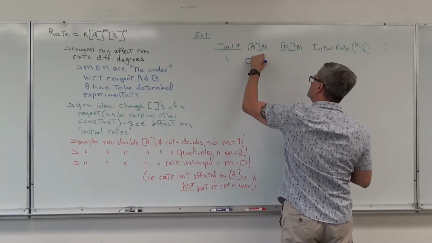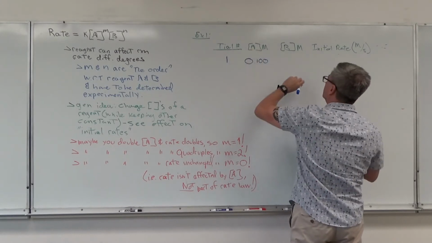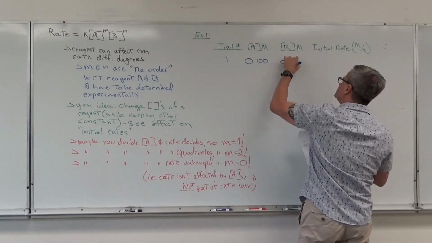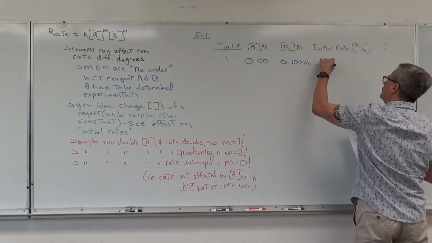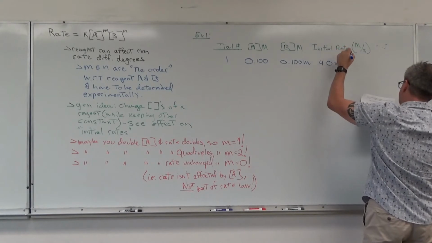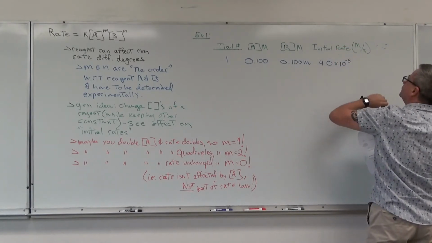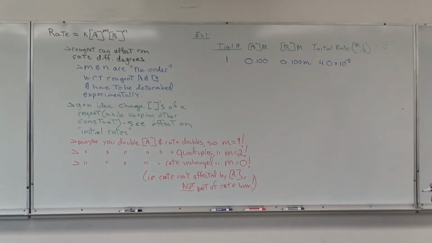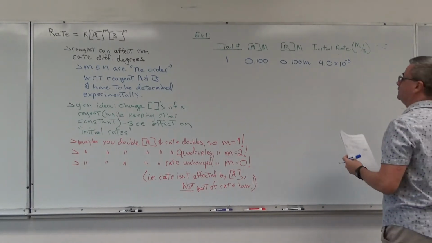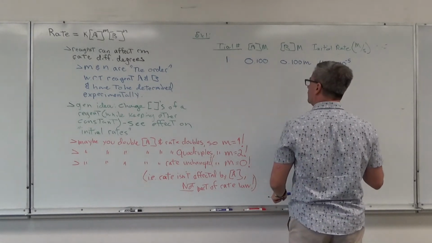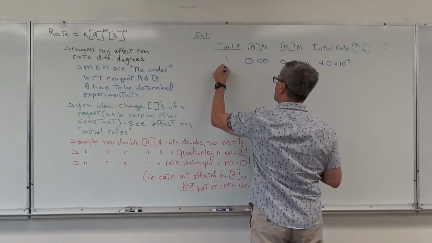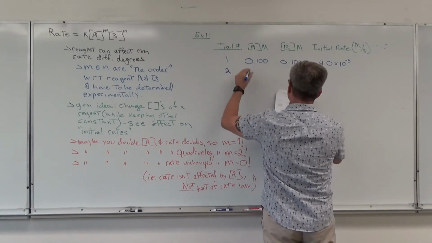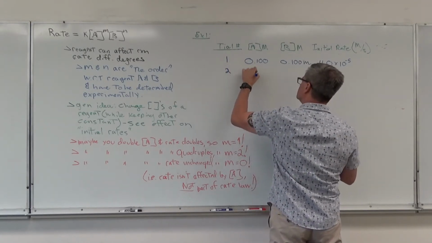All right, so for trial 1, the concentration of A is 0.100 molar. Concentration of B is 0.100 molar. And here's our initial rate, 4.0 times 10 to the negative 5 molar per second. Molar per second is moles per liter per second. And then in trial 2, here's our concentrations.